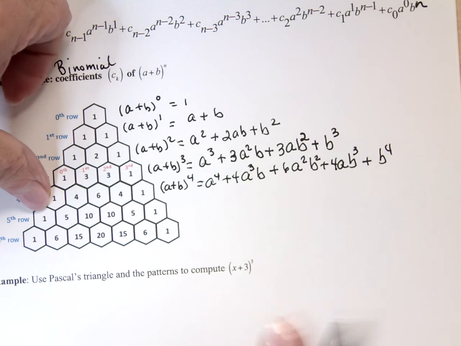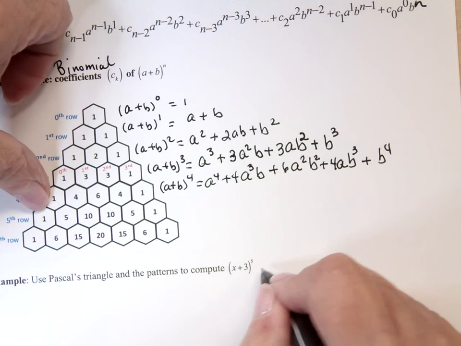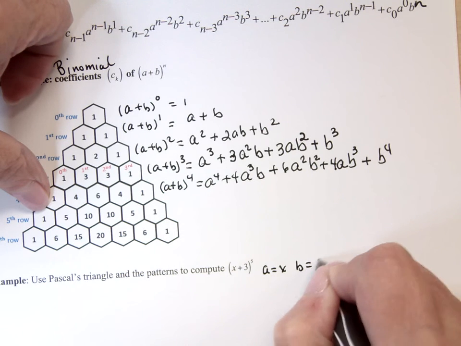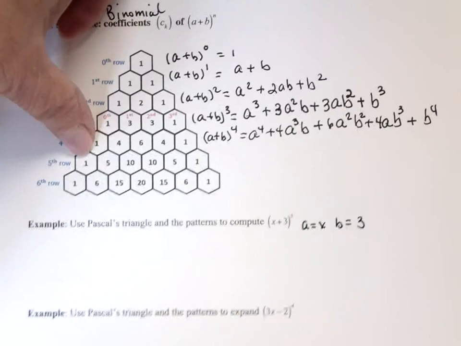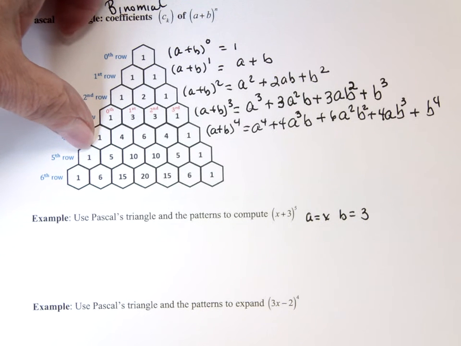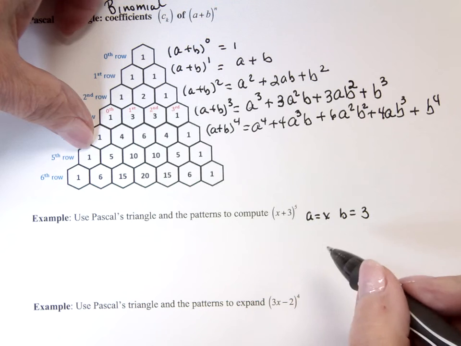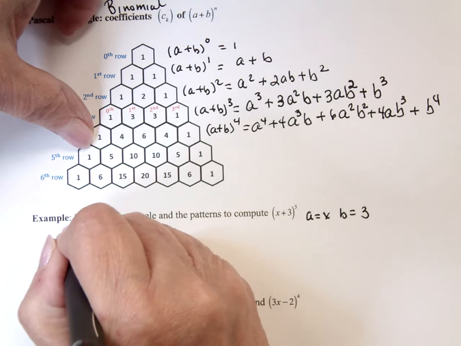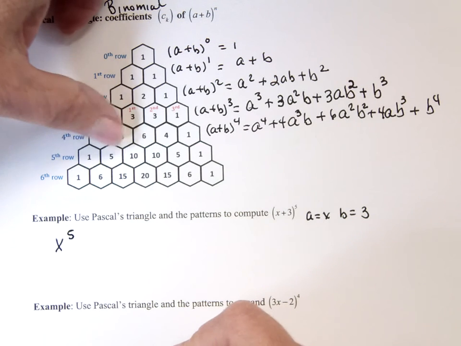So it's 1, and in this case, by the way, a is x and b is 3. So it is 1, and the highest power, remember they have to add, we start out with x to the 5th power. So it's 1 times x to the 5th.